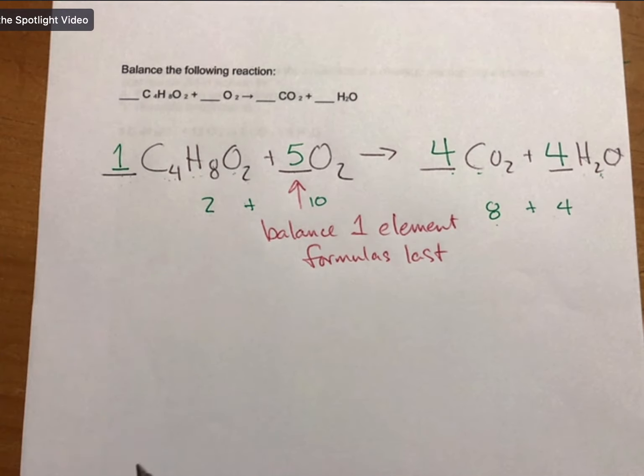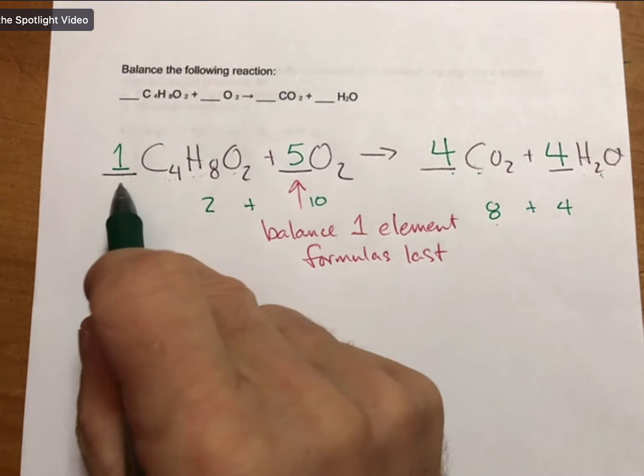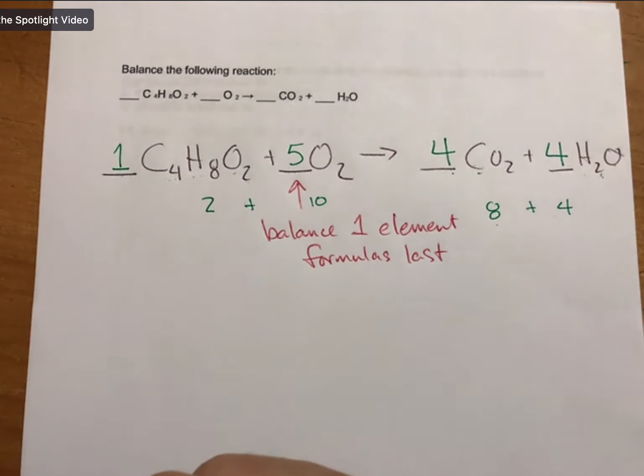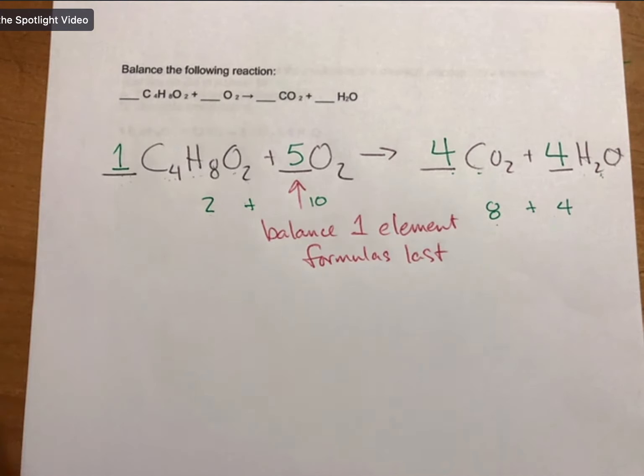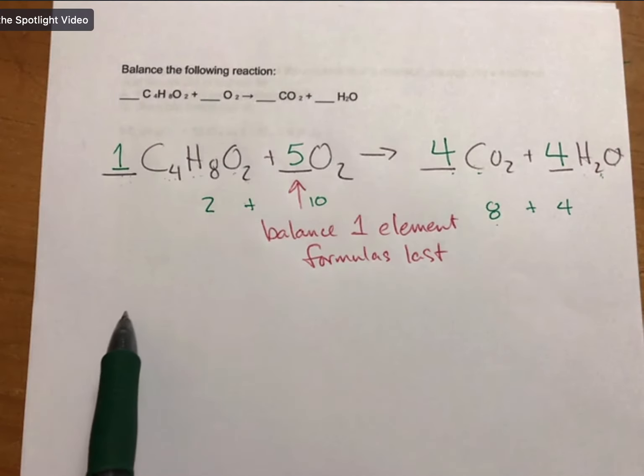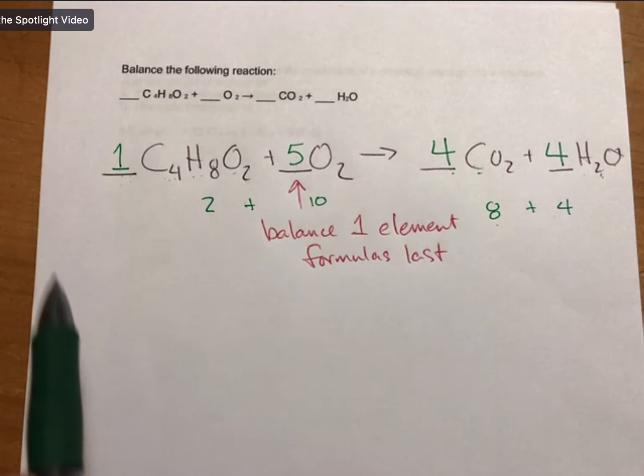And yes, so there's a question. The first step is to put a 1 in front of the most complicated molecule. That's right, that's what I'm calling this first molecule. Would you ever put anything other than a 1 coefficient? Good question. First off, I don't, but there are ways to do it that do put other numbers here.